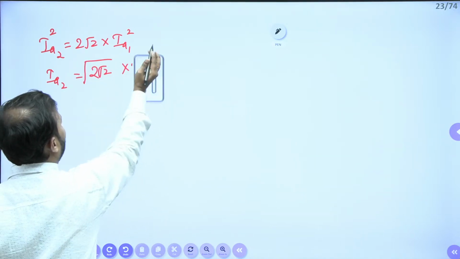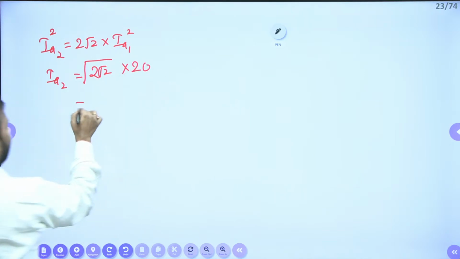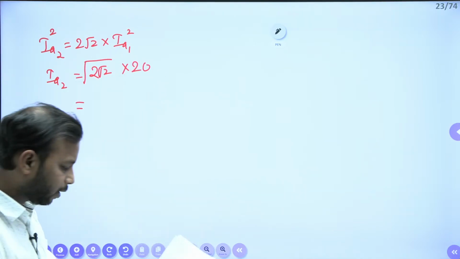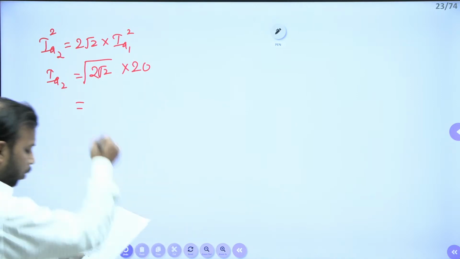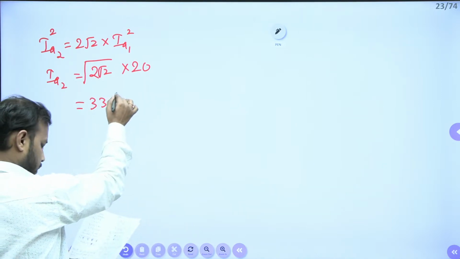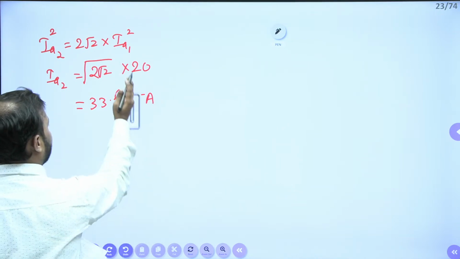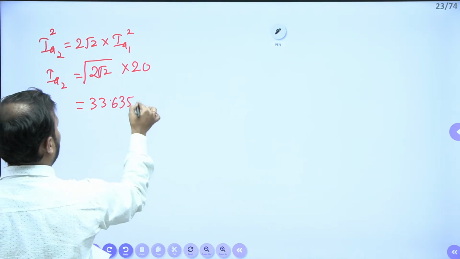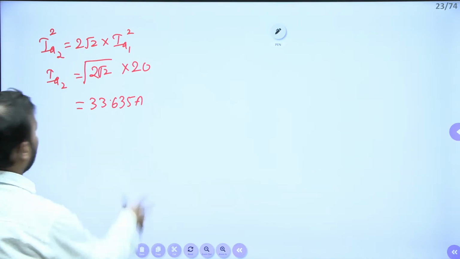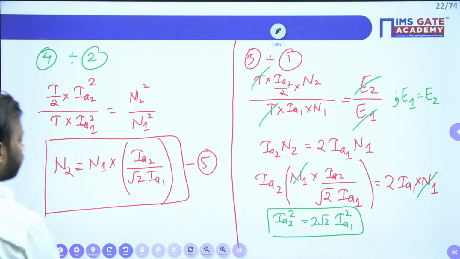What is Ia1? Ia1 is given as 20. So when you solve this, you will get Ia2. Let me write the answer directly: Ia2 will be equal to 33.635 ampere. And the rest is speed, N2.